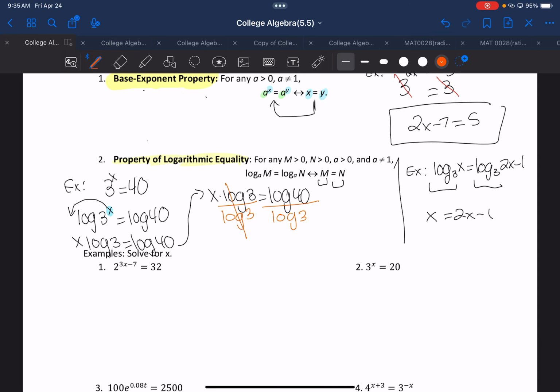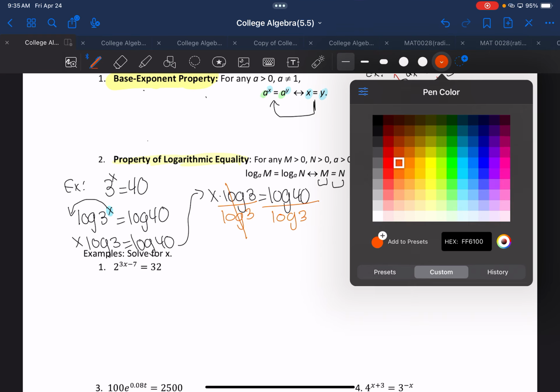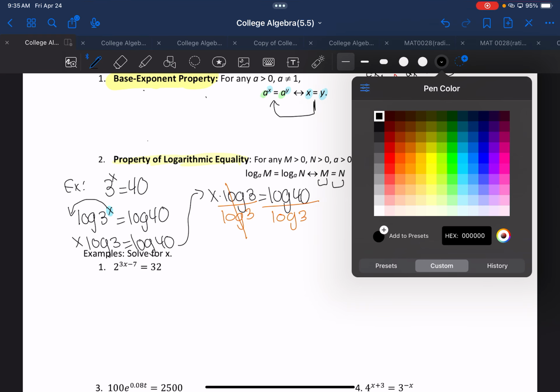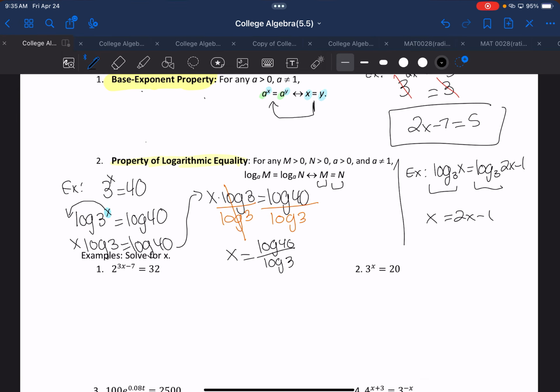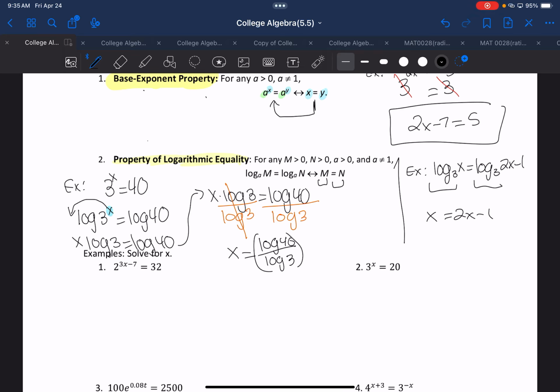Anytime you divide something by itself, it cancels. And that leaves me with just x equal to log of 40 divided by log of 3. And then I could type this whole thing in my calculator and get a decimal. Okay, and we're going to do a bunch of examples.